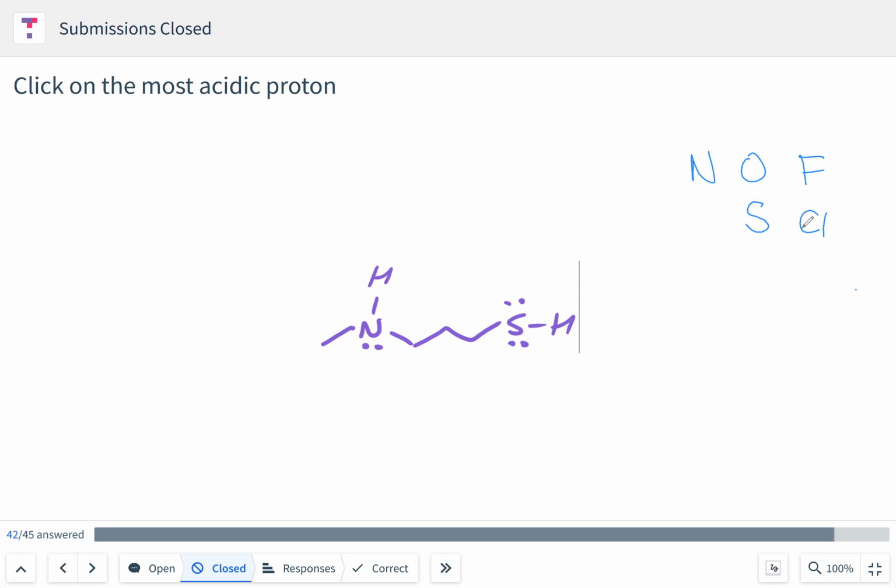So basically we're comparing the proton on the amine versus the proton on the thiol, to see which one is more acidic. These are in different rows and different columns, so how would we do this analysis?